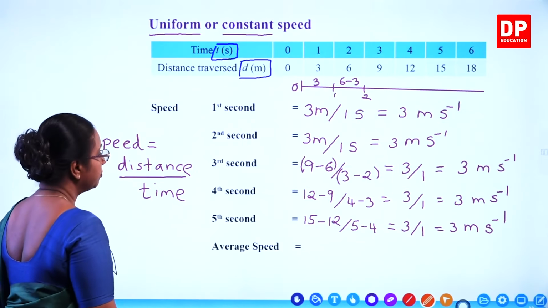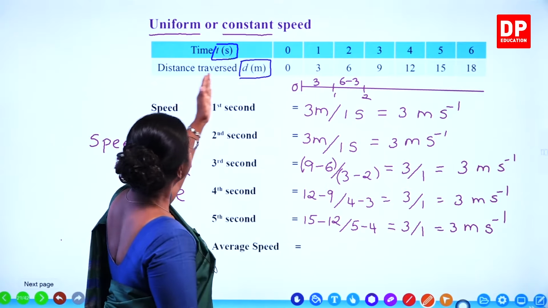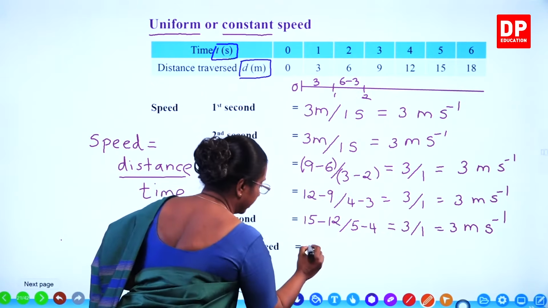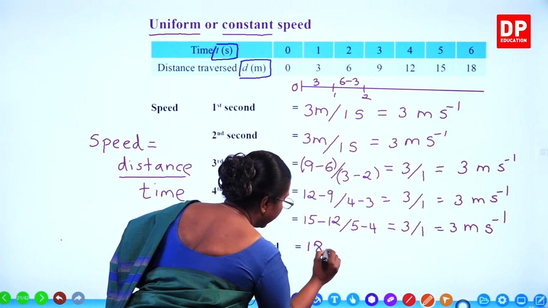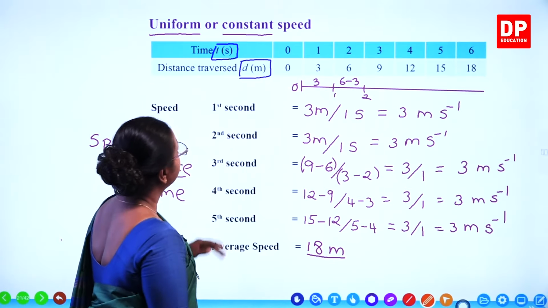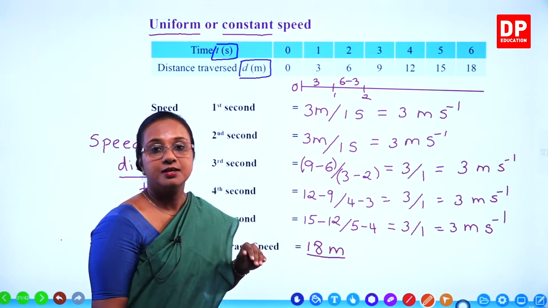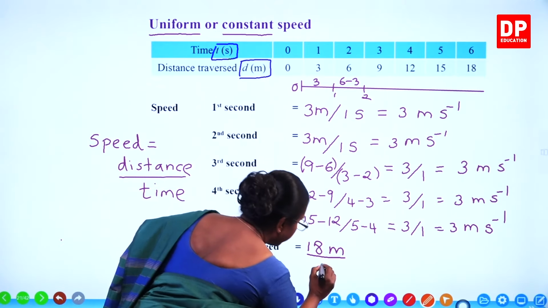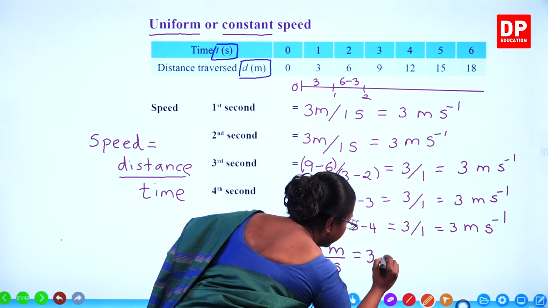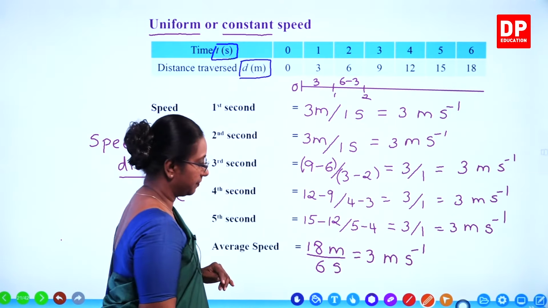So if we use that equation here, the total distance traversed is from 0 to 18. So it's going to be 18 meters divided by the total time duration, 6 seconds, which is again going to be 3 meters per second.